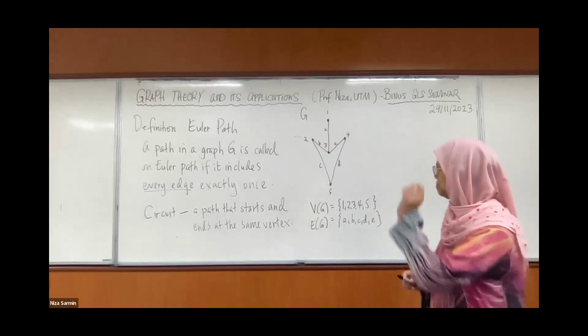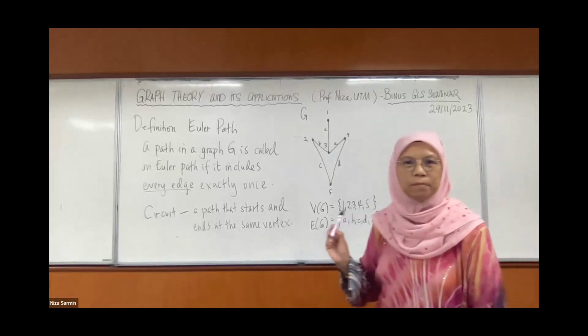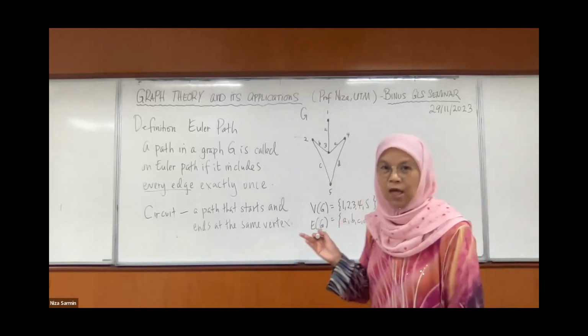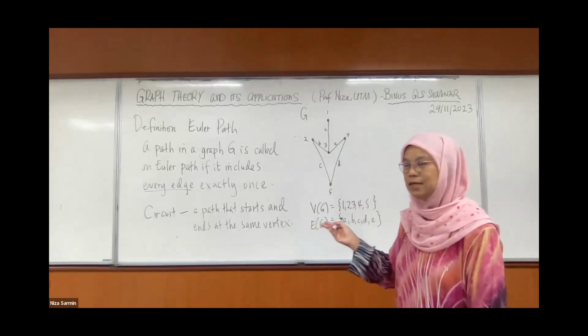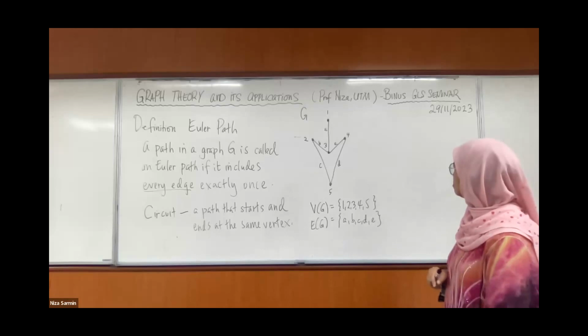This graph is simple, there is no loop. This graph is connected because every vertex is connected or adjacent.